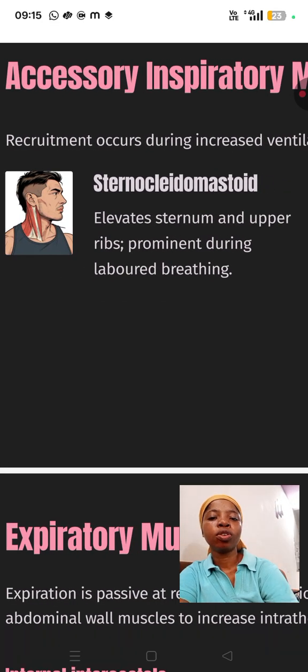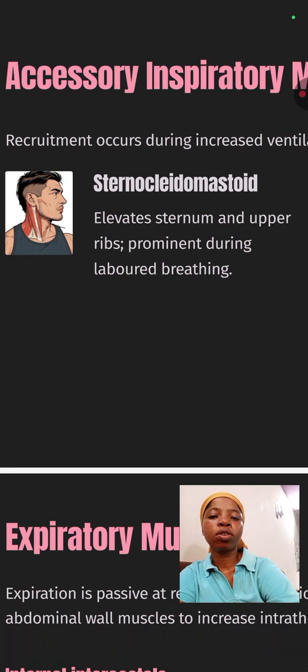The sternocleidomastoid elevates the sternum and upper ribs, prominent during labored breathing.